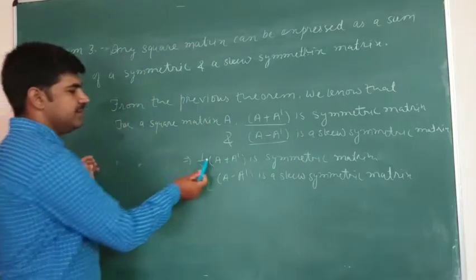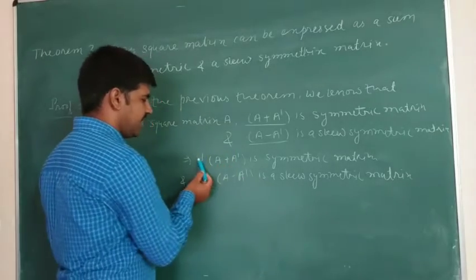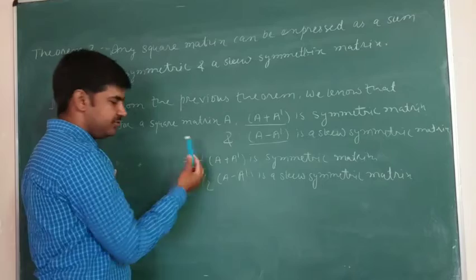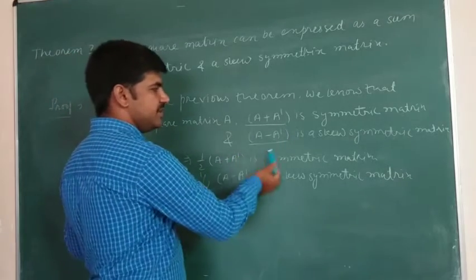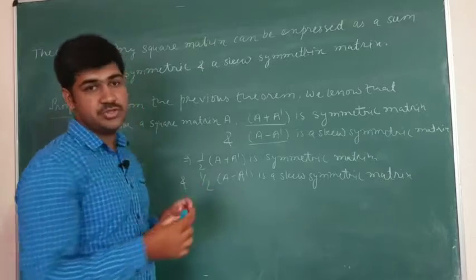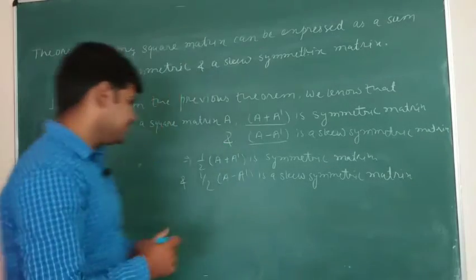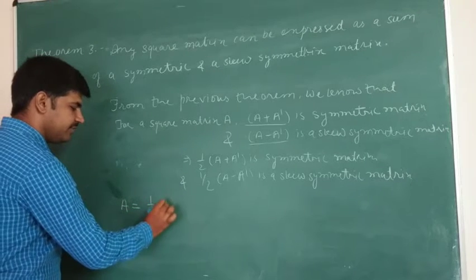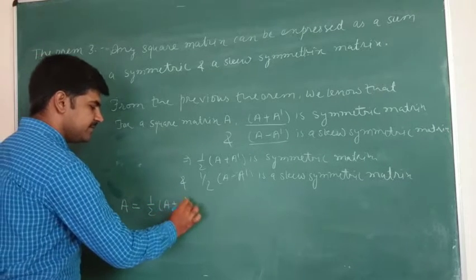So when we multiply A plus A dash by half, it will remain symmetric only, and if we multiply A minus A dash by a scalar half, it will obviously remain a skew symmetric matrix only.